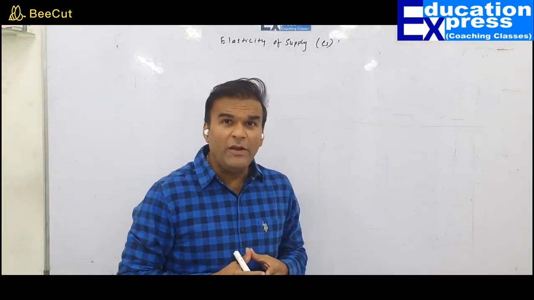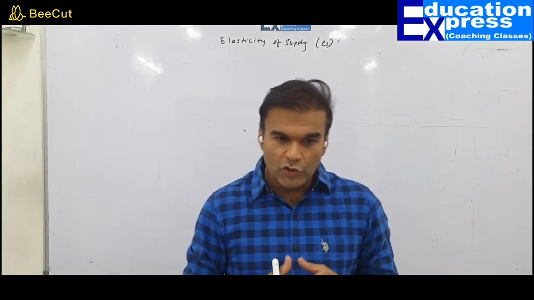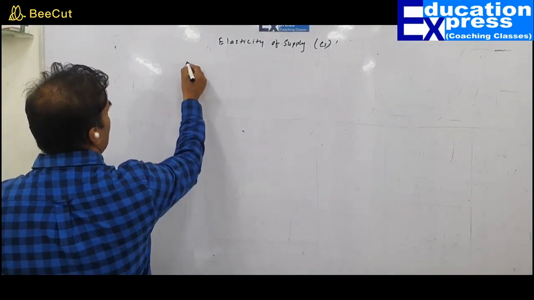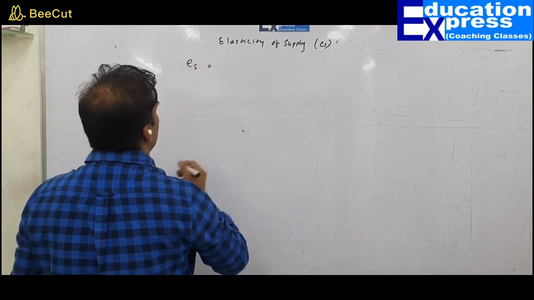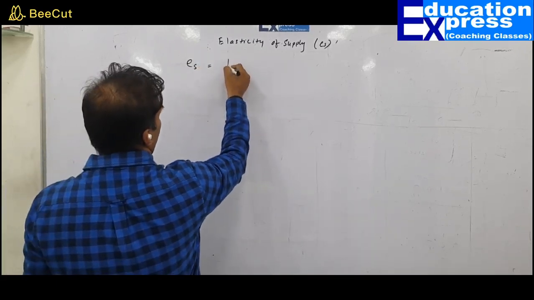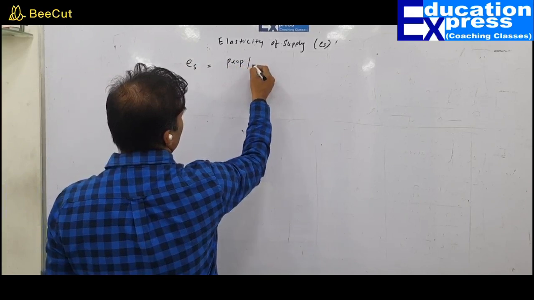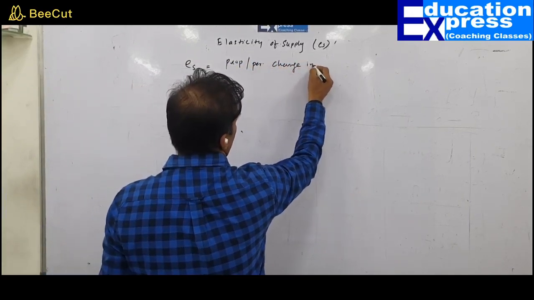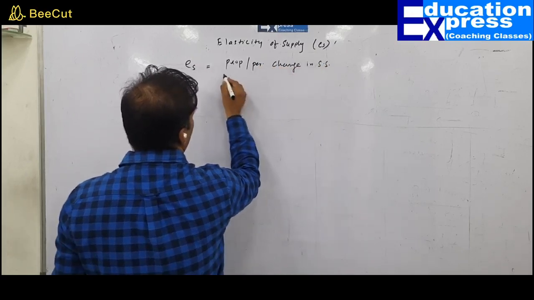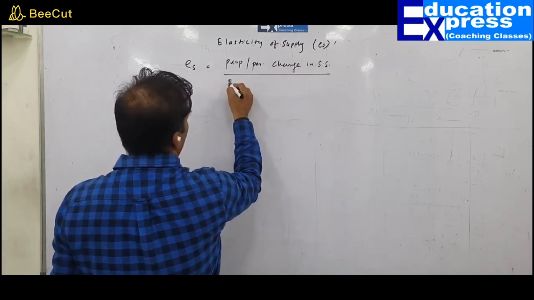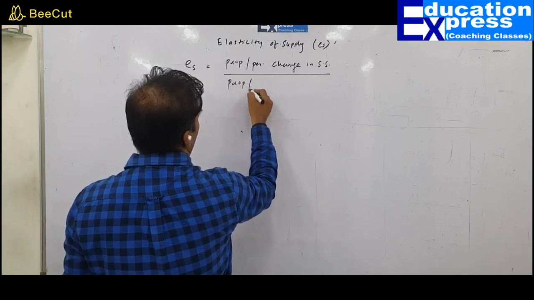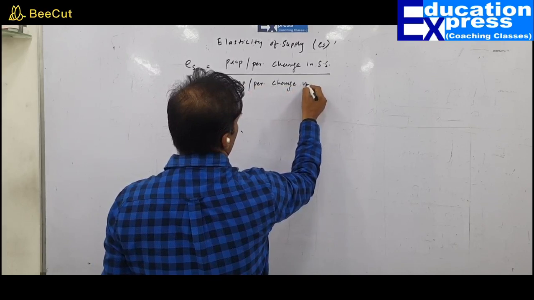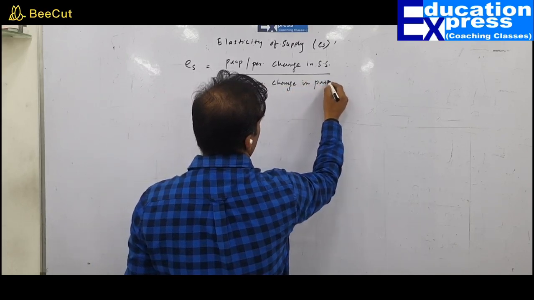So, from the discussion that we have had so far, we can conclude that elasticity of supply is nothing but proportionate, or you can even say percentage, change in supply upon proportionate or percentage change in price.